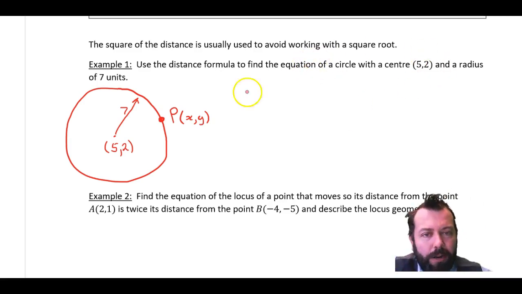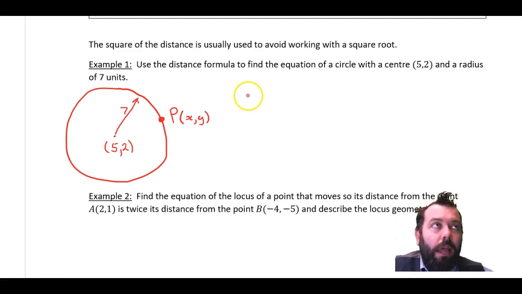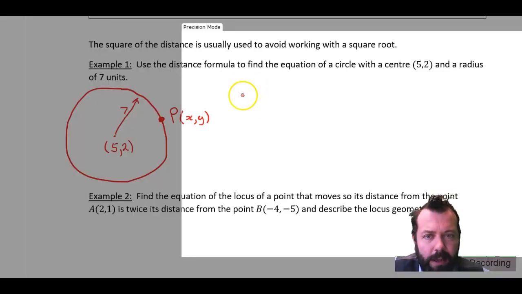Now remember our distance formula. Our distance formula is x2 minus x1 all squared plus y2 minus y1 all squared, and we normally take the square root of that. But I'm going to leave the square root off. So x2, that's this one, x minus x1, it's going to be 5.